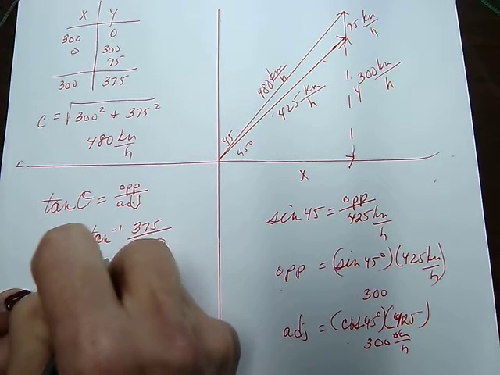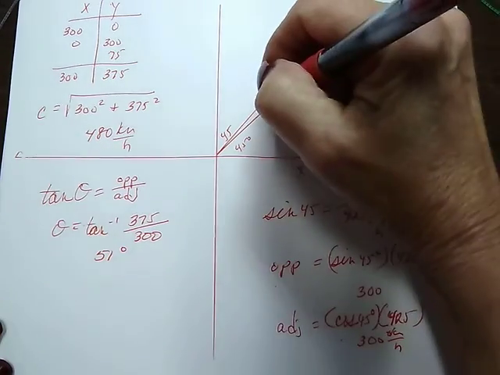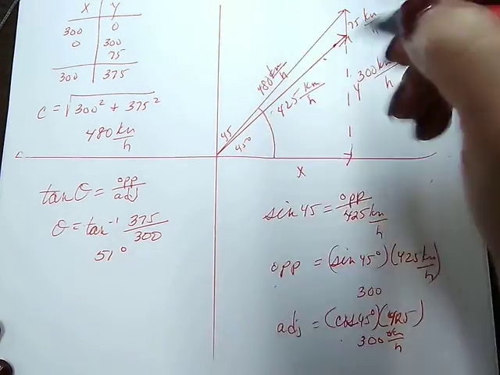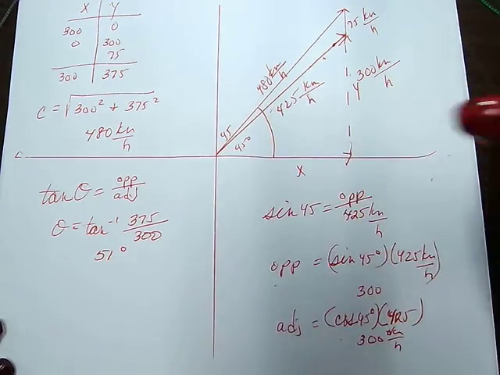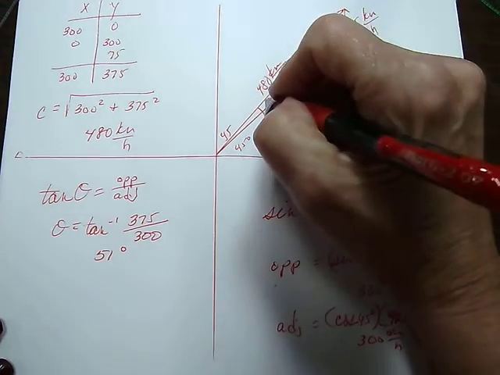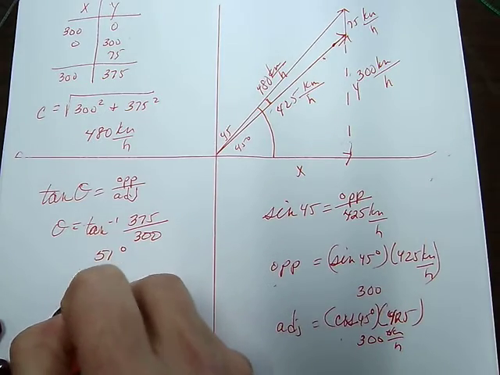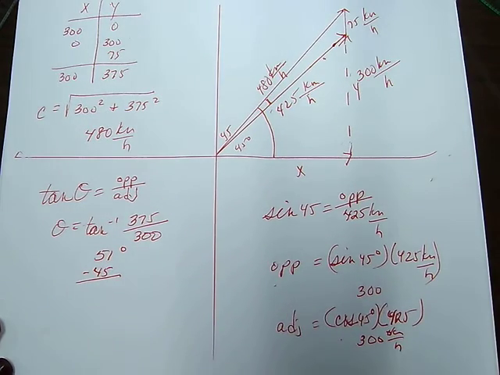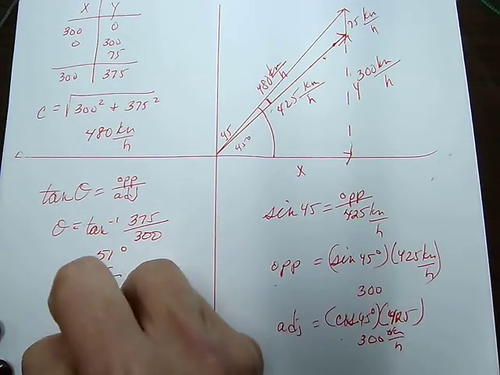That's 51 degrees. Now we're not done there. That's not my final answer, okay? 51 degrees is this whole thing from the x-axis to the resultant. But what angle do I need to find? This little itty-bitty one. All I have to do now is say 51 minus 45, and I get 6 degrees.